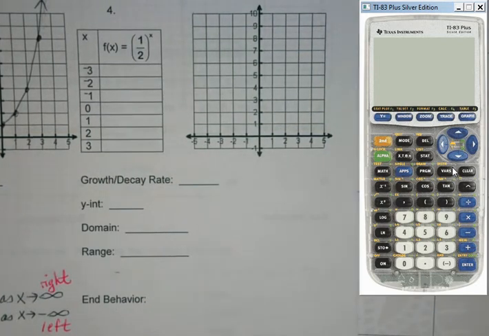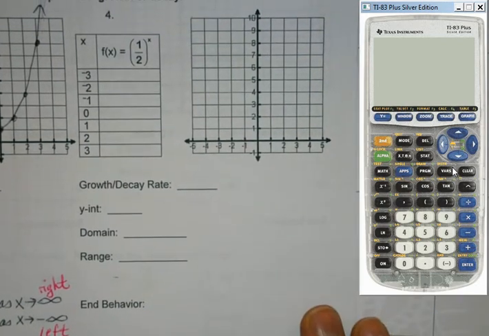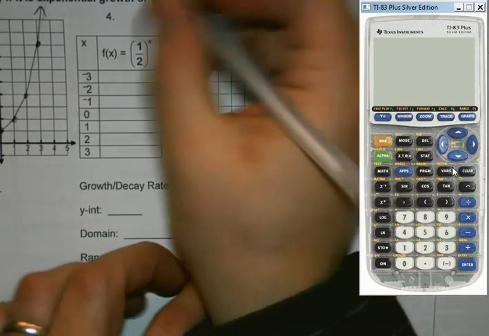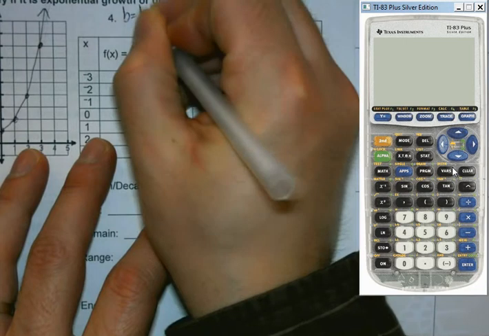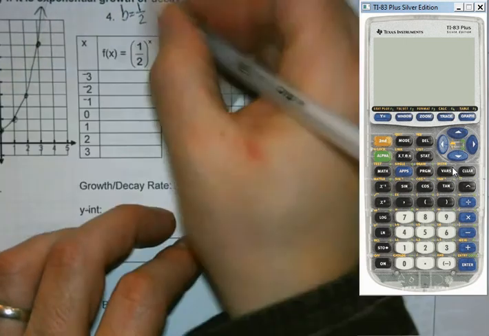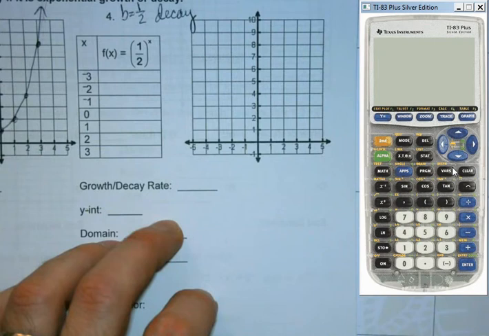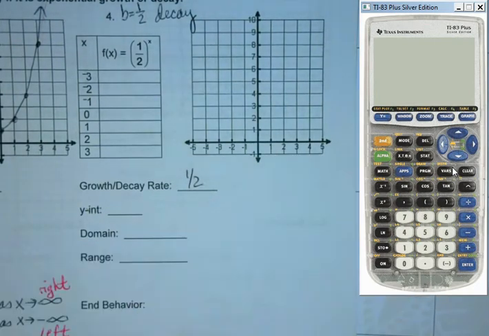So number 4, we'll kind of start the same way. Is this one going to be growth or decay? Why? Yeah, my b value is fractional. So we're looking at decay this time. Know my growth rate, so I'll get that in.